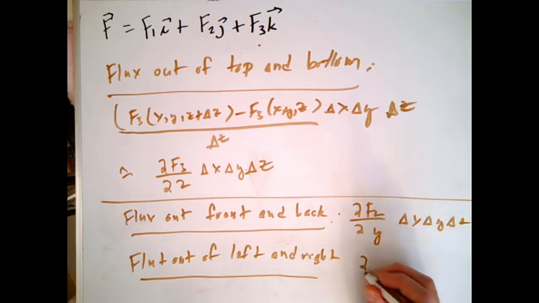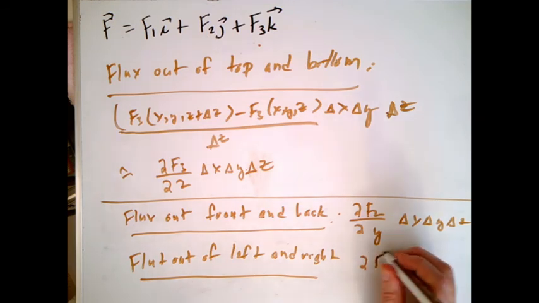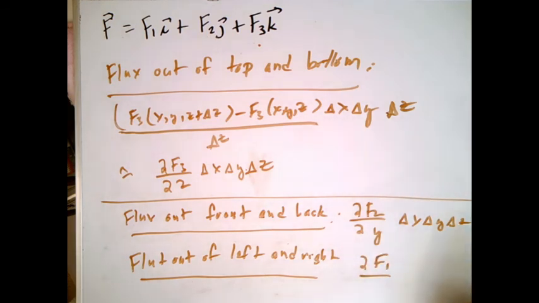That's going to be very closely estimated by the partial of f1 with respect to x times delta x, delta y, delta z.